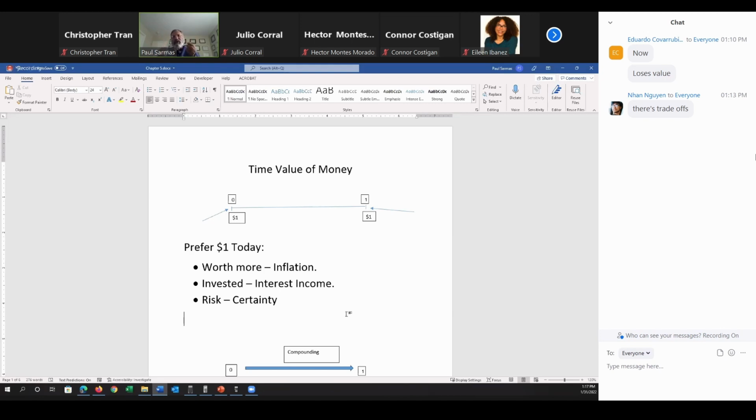The dollar is worth more today because it has the ability to earn interest. You can take $1 today, put it in a bank and earn interest. And the dollar today is more certain. There is no risk involved with it. So these are the reasons that we assign a greater value to $1 today than $1 in the future.